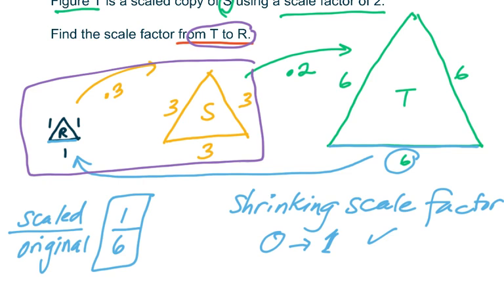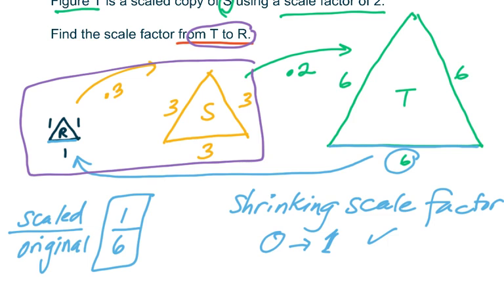And so maybe you said, well, I have 1, I have 3, and I would multiply by 3 to go from 1 to 3. And that's all true, except what we need to do is scaled over original, which would give me 1/3, or in this case, it actually gives me 1/6 if I'm using the correct values.